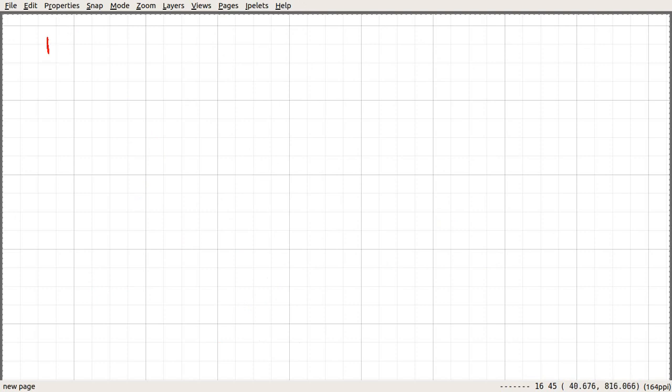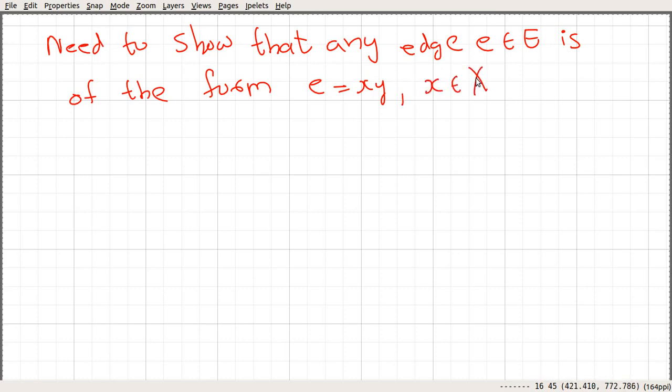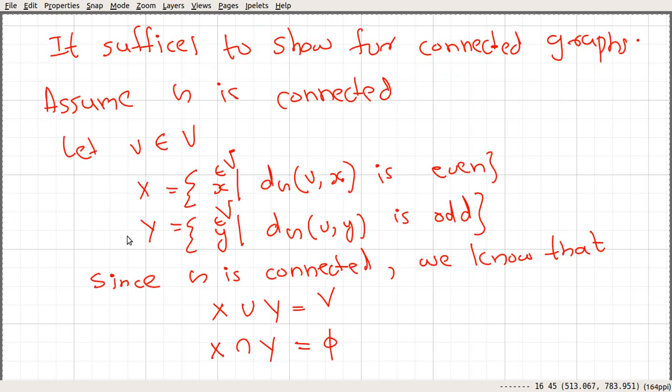Next, we need to show that any edge e element of E is of the form e equal to xy, where x is element of capital X and y is element of Y. That is what we require to prove, once you have this partition X and Y.